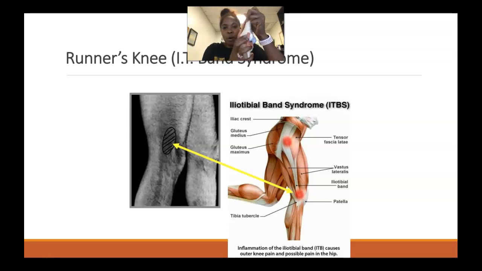It snaps over the lateral epicondyle and condyle of the femur, and that's what's going to cause pain. If it's inflamed and if it's tightened, then that pain just increases over time. And there's not much you can do to avoid the pain, right? Because you have to flex and extend the knee. So one thing that you can do is put the knee in an extended position, but I don't recommend it, okay?